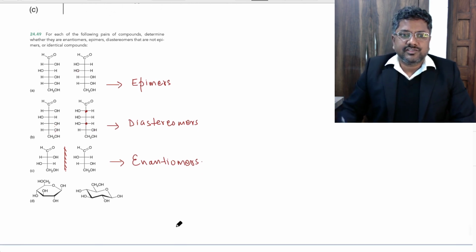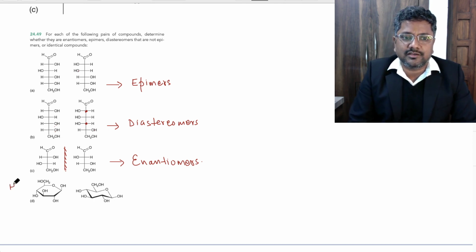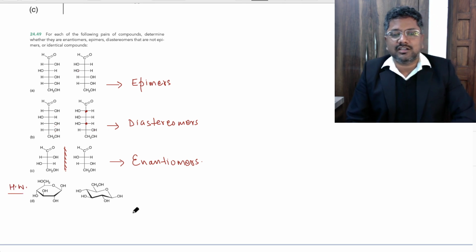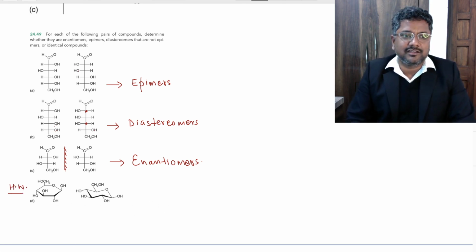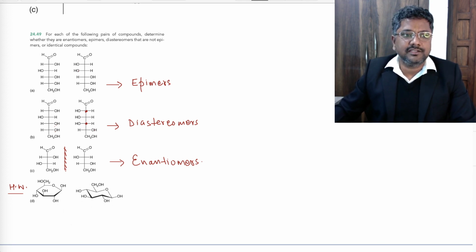Now see this question. I have not taught you this yet, so this is homework, right? Definitely in the same lecture or in the coming lecture, I will teach you what relation they have and how to identify it, right?